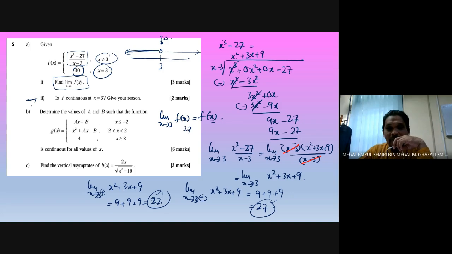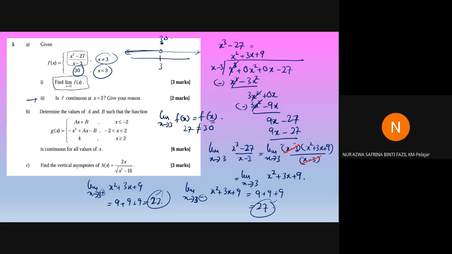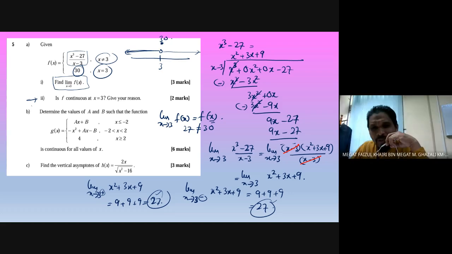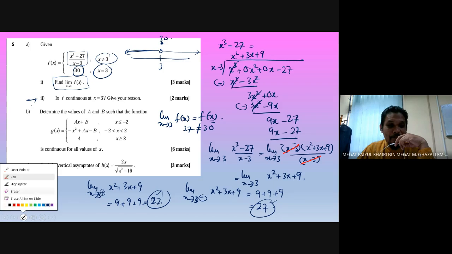Okay, 27 and 30, they are not equal. So, is f continuous at x equal to 3? No, good. Thank you very much for your response. Because they are not equal, the conclusion is that f is not continuous at x equal to 3. That's it.